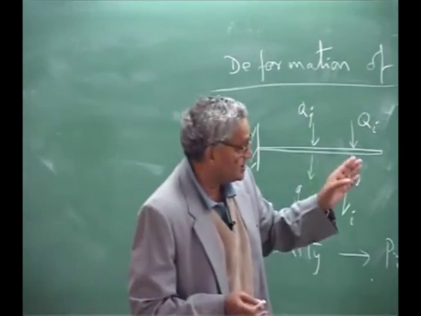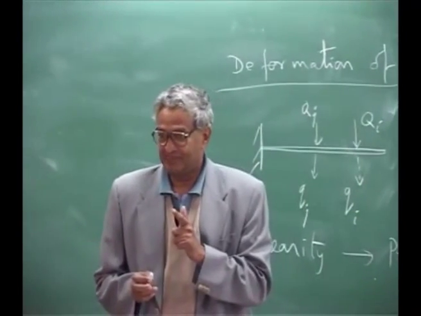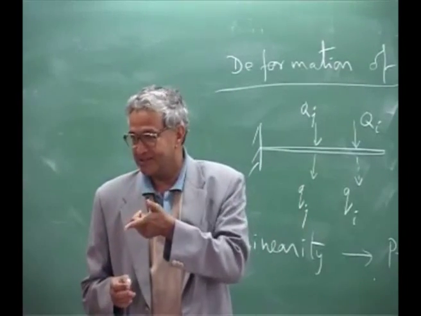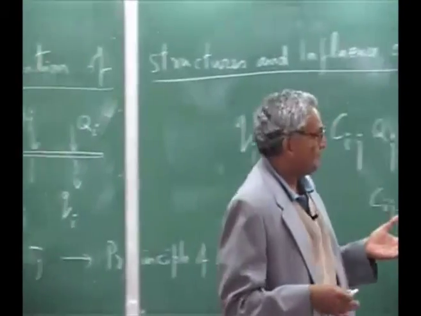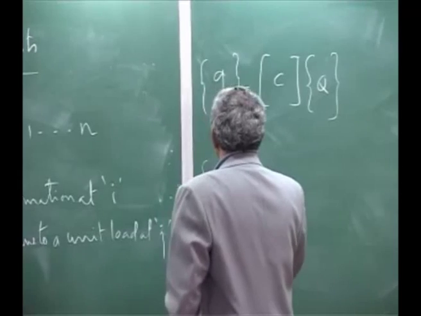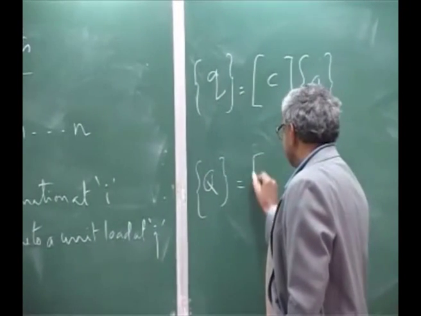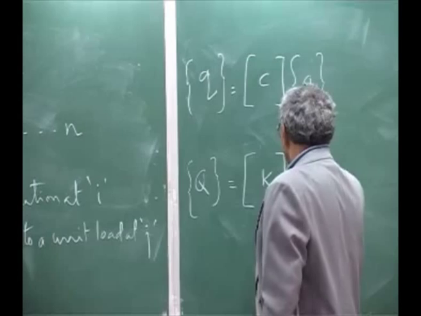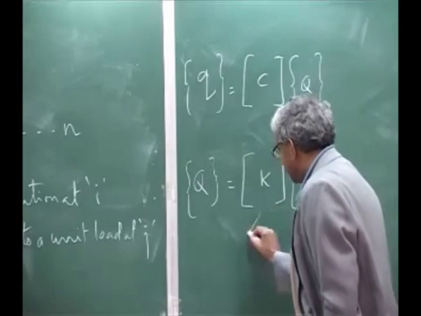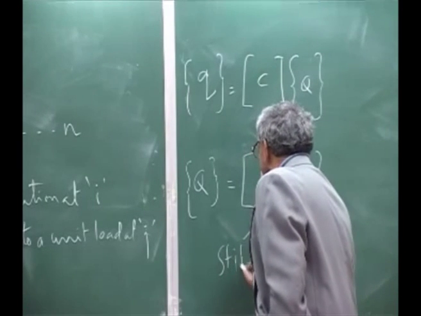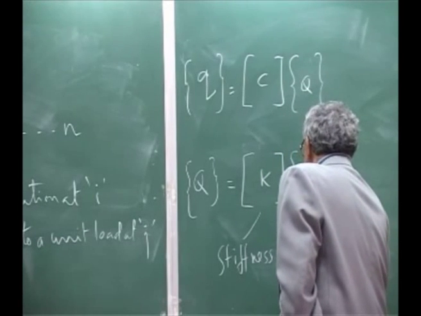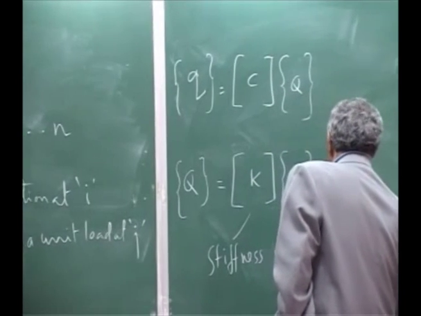Please understand, here C is flexibility, where you write F equals Kx, K is stiffness. Now you can also write using the stiffness type of thing, load is given in terms of, this is stiffness influence coefficient matrix, or you can leave it as it is.